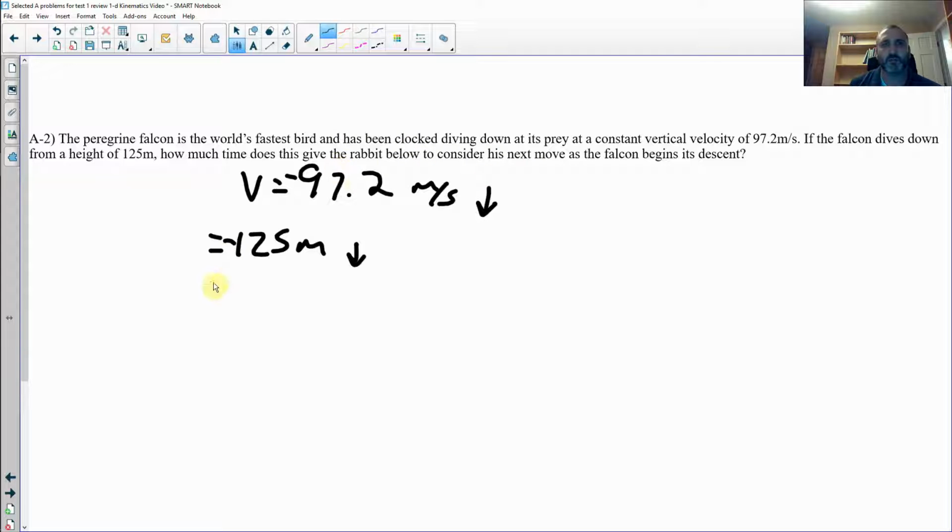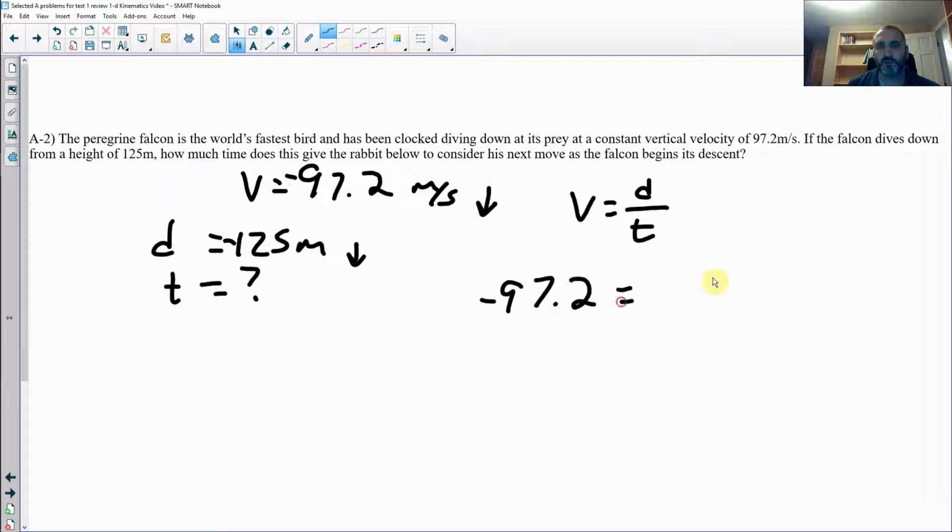So the question is, how much time does it take? We're looking for the time for the rabbit to move. We're going to use the same equation, v equals d over t. Negative 97.2 meters per second equals the displacement, which is negative 125, over time. Multiply both sides by time, you get negative 97.2 t equals negative 125.